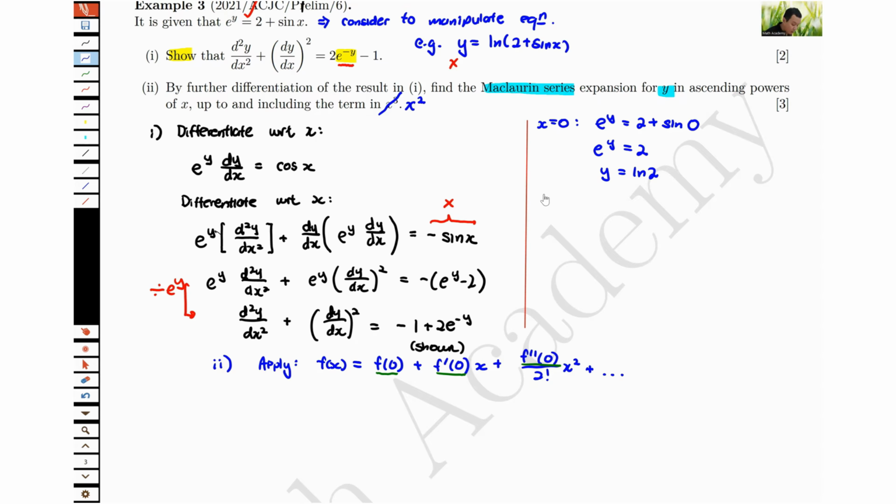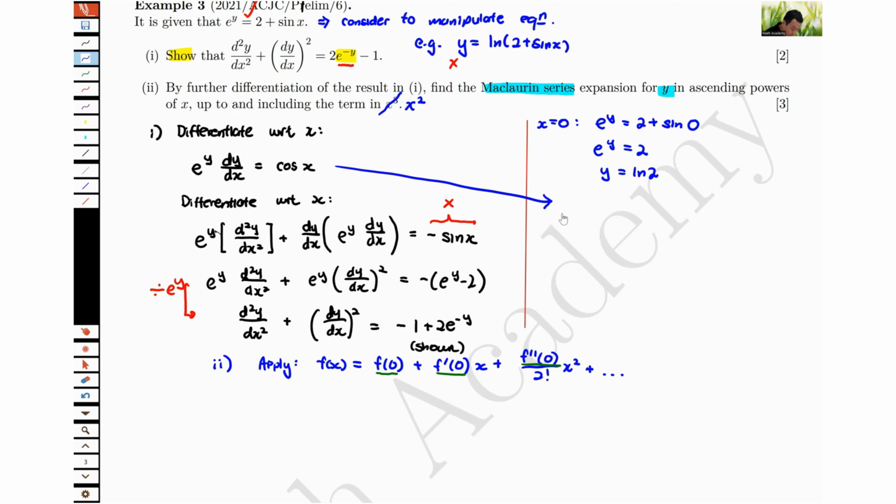Okay, next, I need f prime. f prime(0), go back to the equation that you have differentiated once. This is the equation where you start to have dy/dx. You use this. x is 0. What is your y? y you use back from the previous one that you have found. So you put ln 2 as y, but x is always 0.